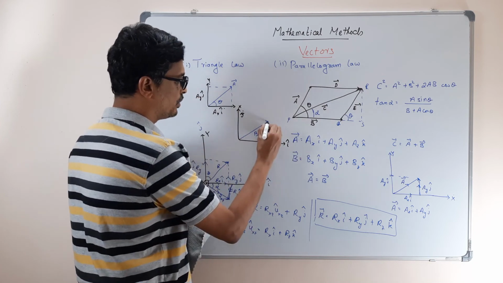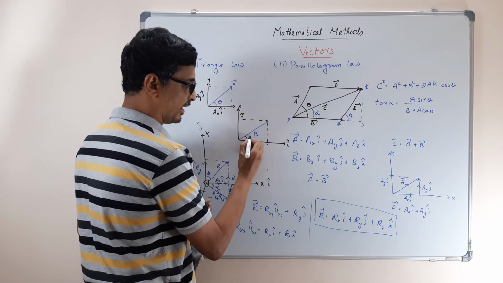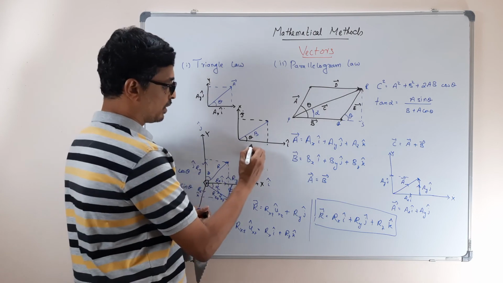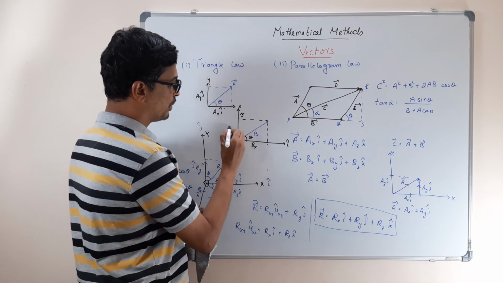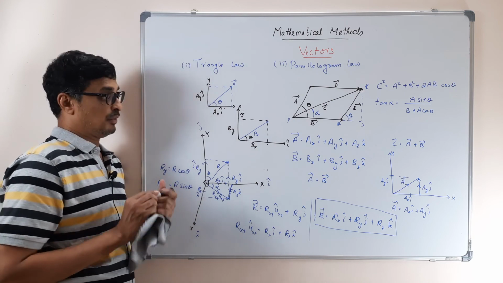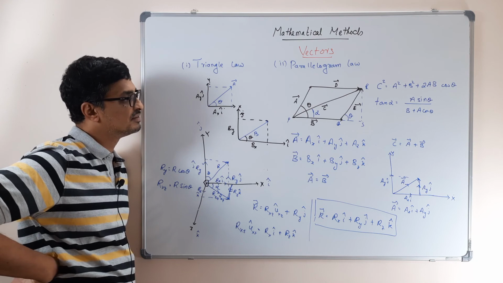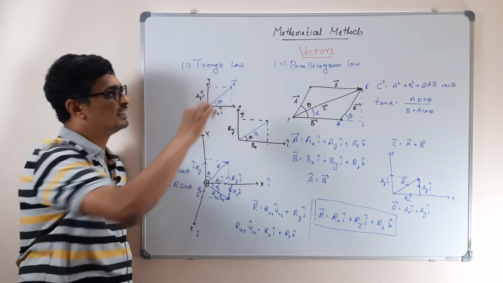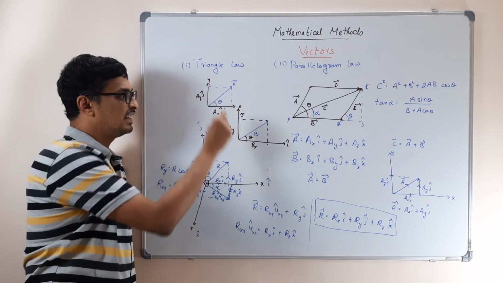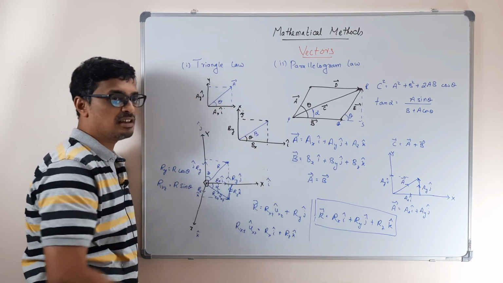Now this angle has to be the same, like an equal vector. So you have Bx, By. Tell me, will Bx and Ax be equal? This length and this length are the same, and this angle and this angle are the same. Will this length and this length be the same?